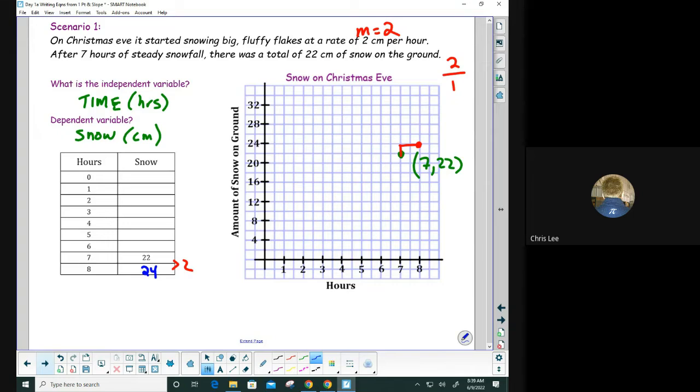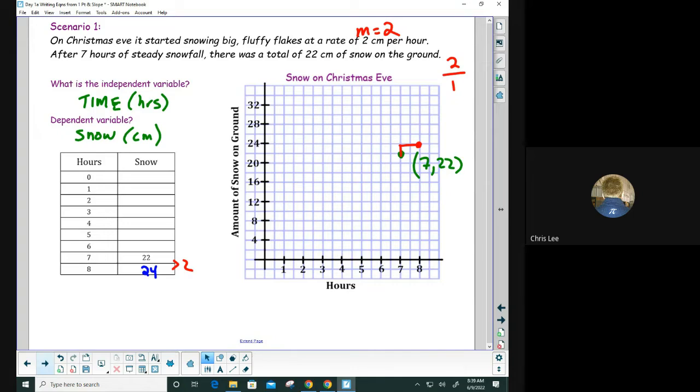Now I have 2 points. Is this enough to draw my line? If I've got 2 points, can I draw my line? Yeah. Remember, I only need 2 points to do this. But here's the catch. It's a little bit hard to draw a line accurately with only 2 points. So let's get a couple of more points to help with that.